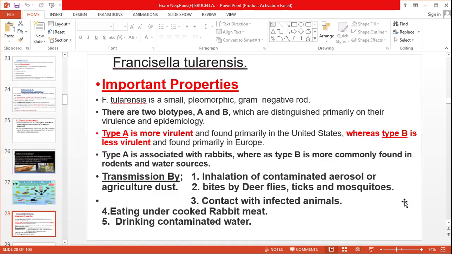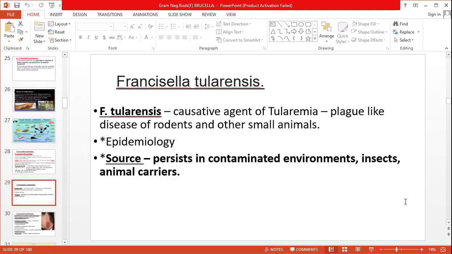There are two biotypes, type A and type B. Type A is more virulent, while type B is less virulent and found primarily in Europe. It is transmitted by inhalation, contamination, aerosol, or bites by deer flies, ticks, and mosquitoes, or contact with infected animals, eating undercooked rabbit meat, or drinking contaminated water.